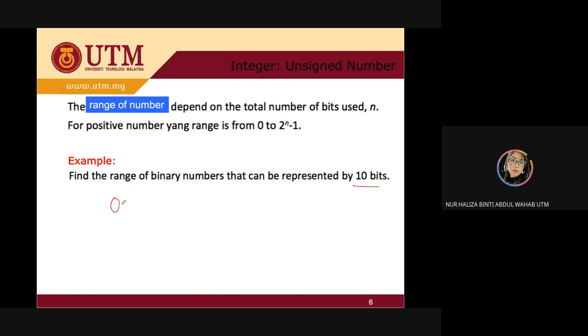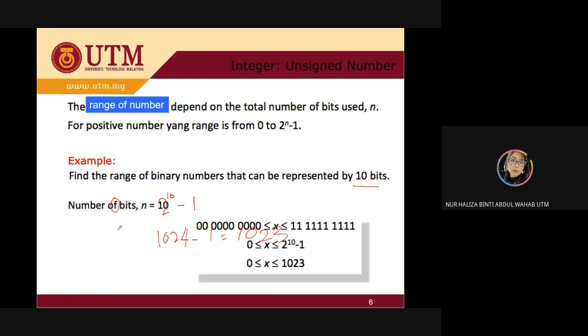Lower bound is 0 and your upper bound will be 2 to the power of 10 minus 1. This one is 1024, I guess so. Minus 1, you will get, this is your upper bound. And this is your range.